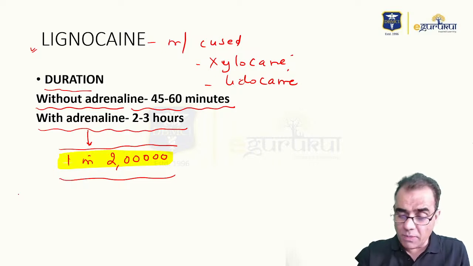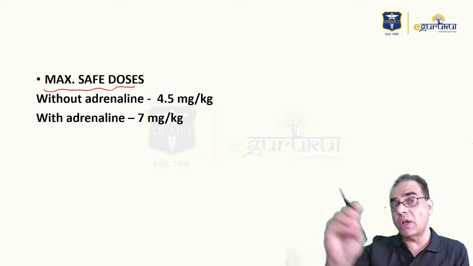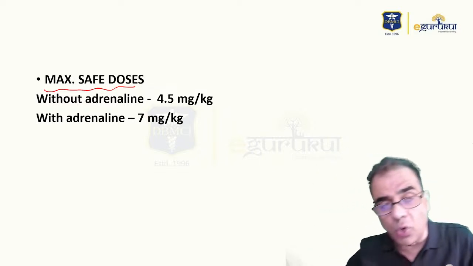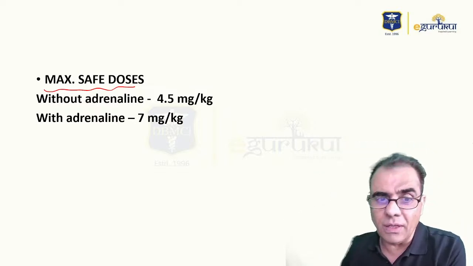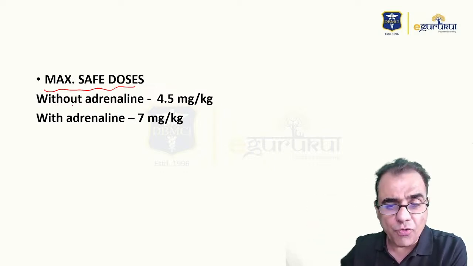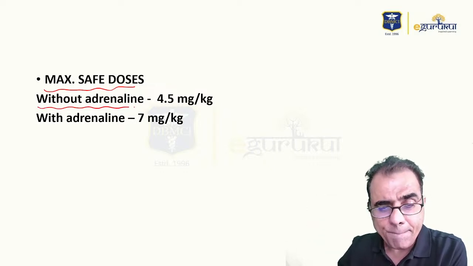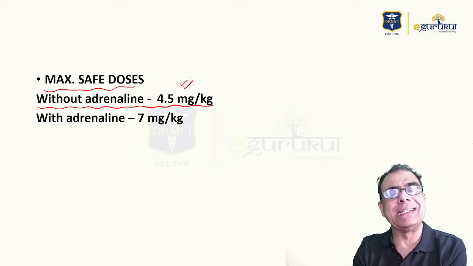Second, you have to know the maximum safe doses, because only then can you know the maximum dose you can give for a given block. Without adrenaline, the maximum safe dose is 4.5 milligram per kg.